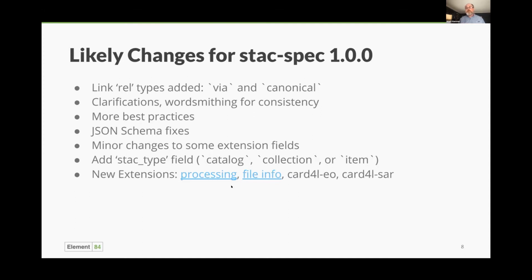The processing and file info extensions are already in there since the last release. And of particular interest are a couple of CARD4L extensions. If you're familiar with CARD4L, it's a specification, really best practices by CEOS, to describe analysis-ready data.